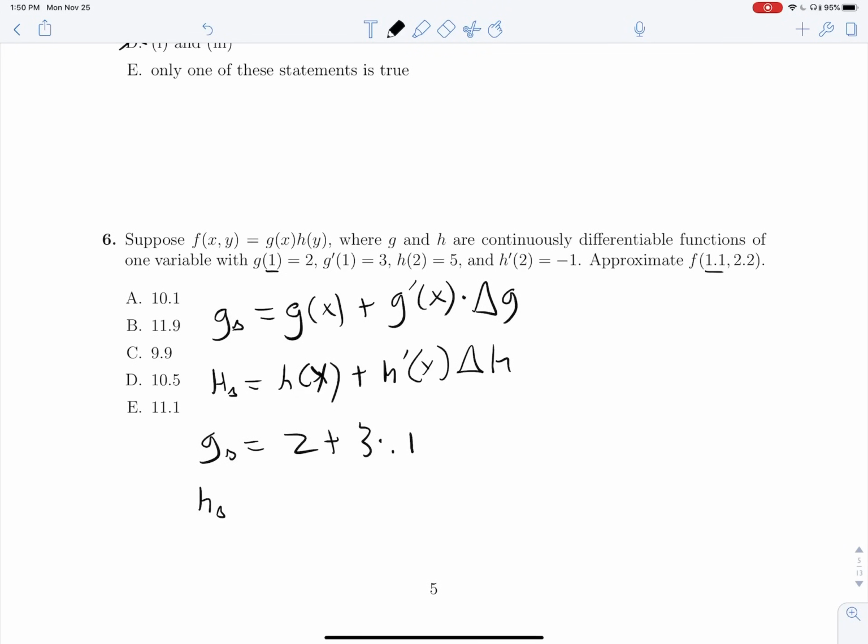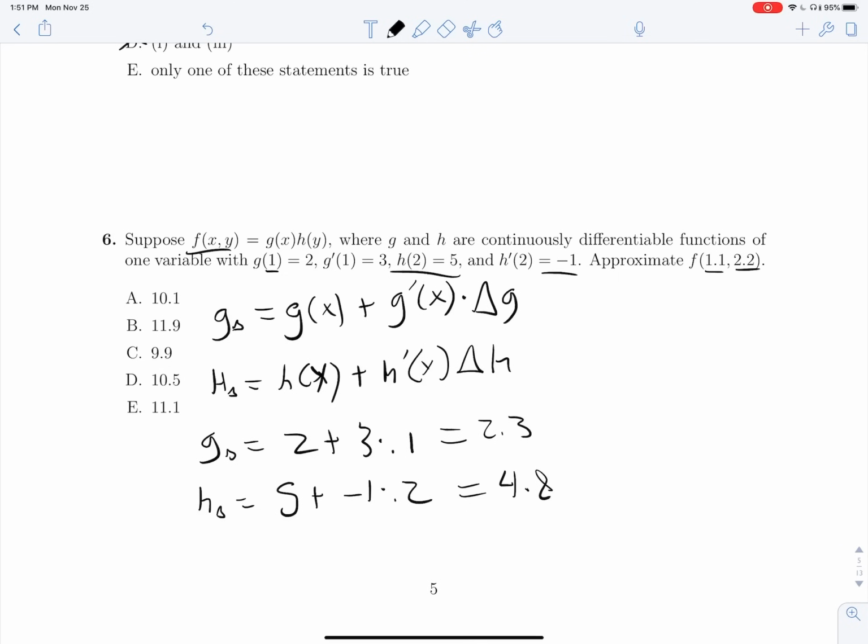Then h little delta is going to be h of y, for y equal to 2, h of 2 is going to be 5, like they say right here, plus -1 times 0.2. So this works out to 2.3 and 4.8.